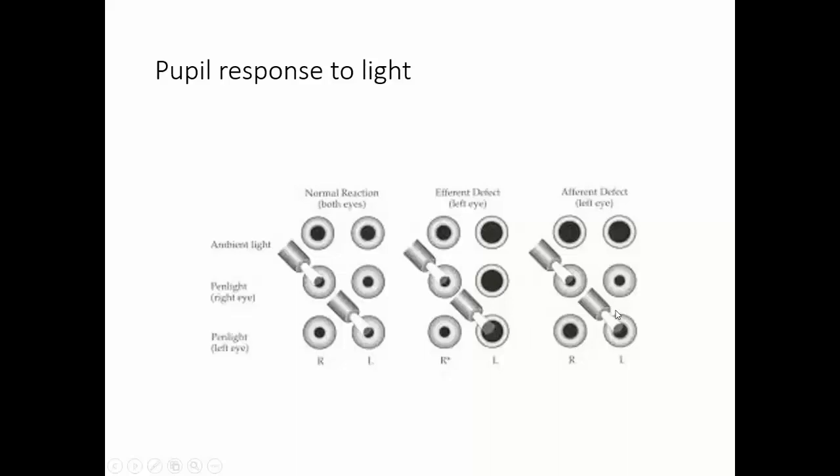Whereas when the light is shown into the left eye, you see similar constriction, but the amount of constriction is not similar to what happens when you shine the light to the right eye. So there is a similar response but a lesser response. That is because the left eye has poor afferent innervation, or the left optic nerve is defective.